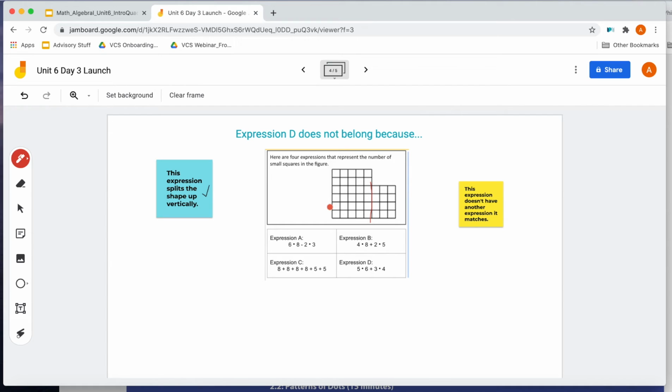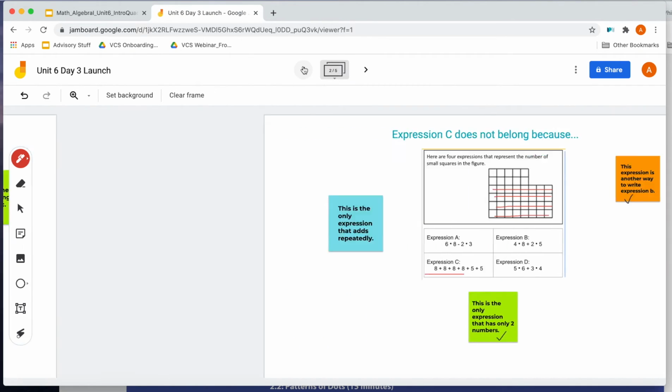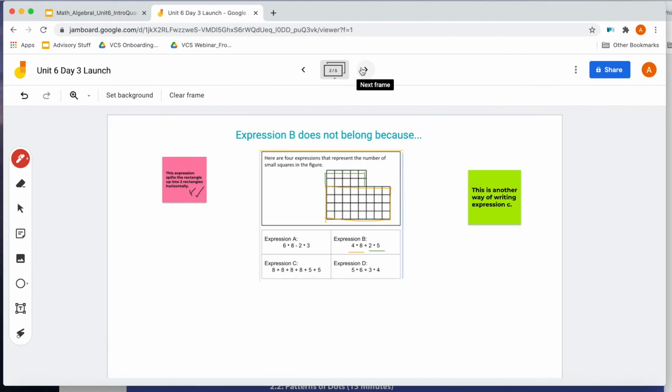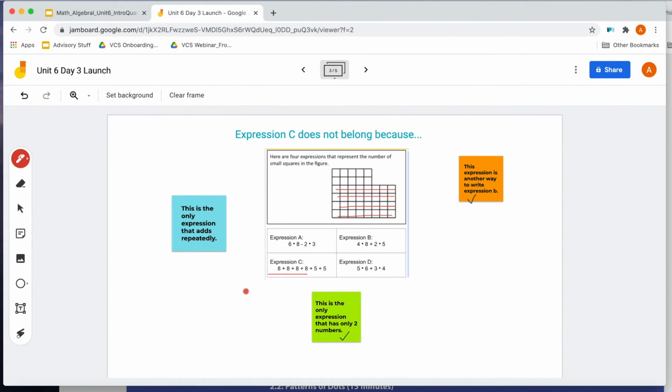And so for this specific question, you wouldn't necessarily have time, right? This is just a warm-up. You wouldn't have time to go through every single slide and annotate and really show the way that I'm showing right now for a 30-minute period.